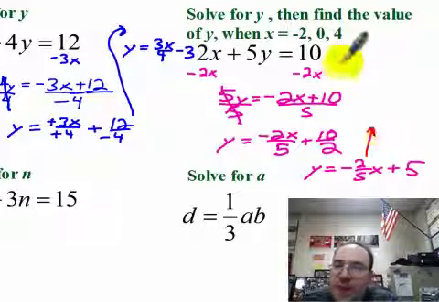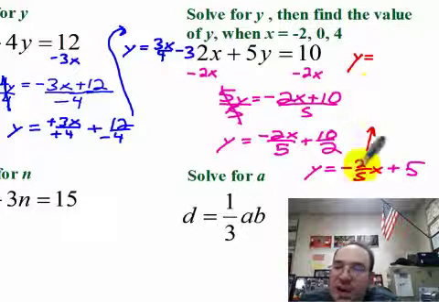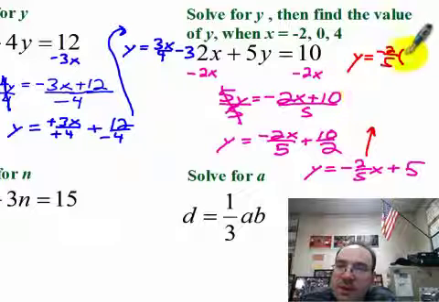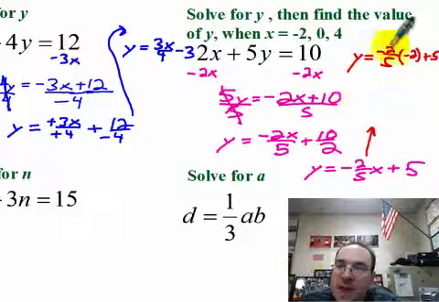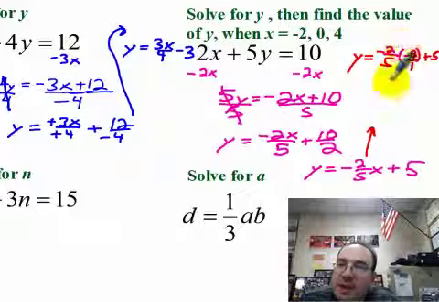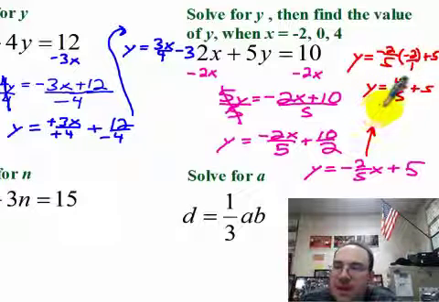I'm going to come over here and do that. For the first one, I'll do it by hand. So I just rewrite this equation for y that I just found, and I plug in a negative 2, and I multiply this out. So negative 2 times negative 2, I'm going to write it as negative 2 over 1. So negative 2 times negative 2 is 4. So I get y equals 4 over 5 plus 2.